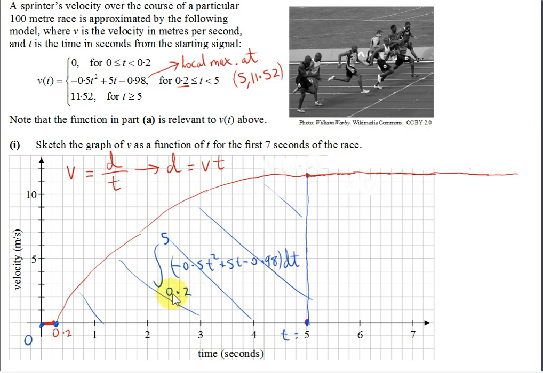I could put 0 down here, but actually we should not put 0 down here because the area is just 0 here, so we ignore this. We don't integrate from 0 to 5 because from 0 to 0.2 the velocity is not given by this. The velocity is actually 0. So just integrate from here to here.